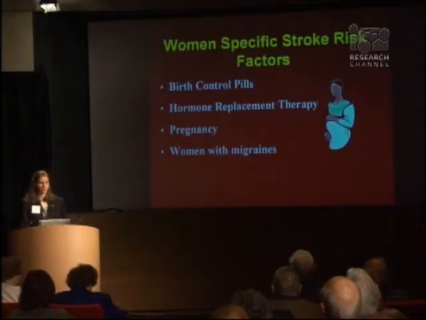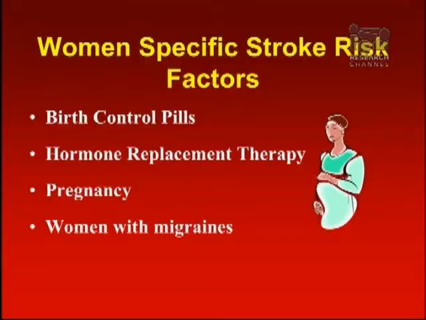So now I'll focus on some women-specific stroke risk factors: birth control pills, hormone replacement therapy, pregnancy, and women with migraines. Birth control pills have changed a lot over the last 40 years. In the 1960s and 1970s, they used very high doses of estrogen, and estrogen is associated with clotting.